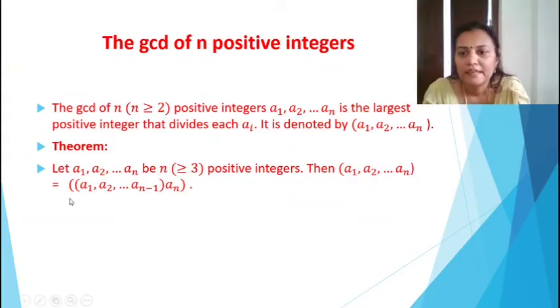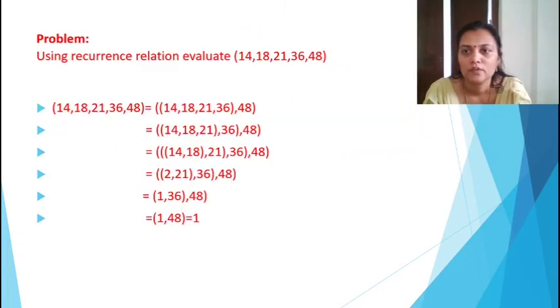The theorem is: let a1, a2, etc., an be n positive integers for n greater than or equal to 3, then the GCD of a1, a2, etc., an is equal to the GCD of (GCD of a1, a2, etc., an-1) and an. So first you have to find the GCD of the first n-1 numbers and take the GCD of that with the next one. So this is that problem.